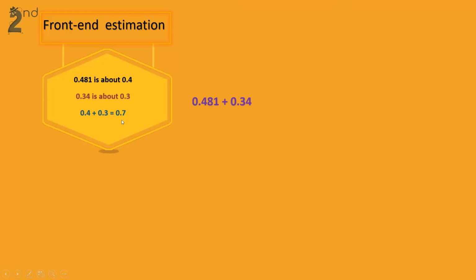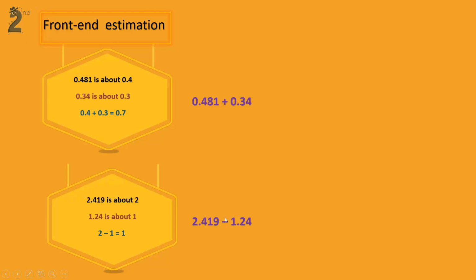So 0.4 plus 0.3 is 0.7. Now 2.419 minus 1.24. 2.419 is about 2 by front-end estimation, and here it will be 1, so 2 minus 1 equals 1.